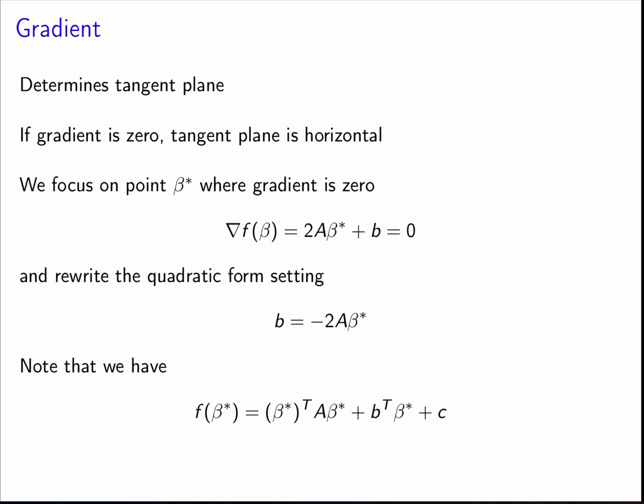It's going to be useful to note that if we plug in beta prime and look at the value of the quadratic function at beta prime, because here b is equal to minus 2A beta prime, the value of the cost function at beta prime is like this: minus beta prime transpose A beta prime plus c. That's the value at that point.